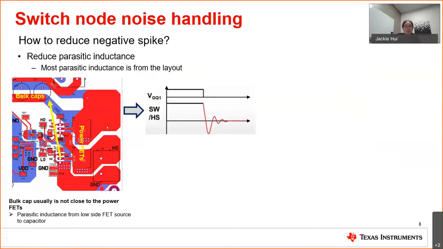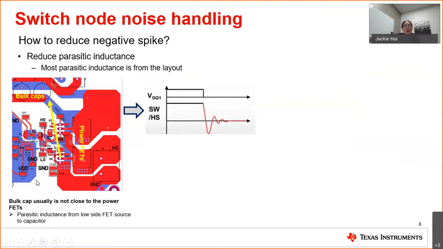Place your driver as close to the FET as possible and reduce the trace length or the layout loop connecting to the power MOSFET. So this is the most basic best practice.